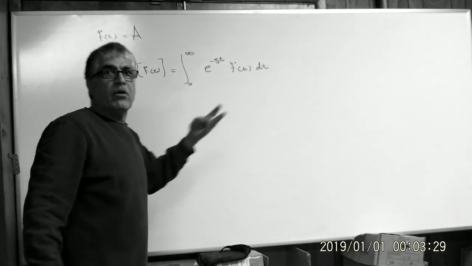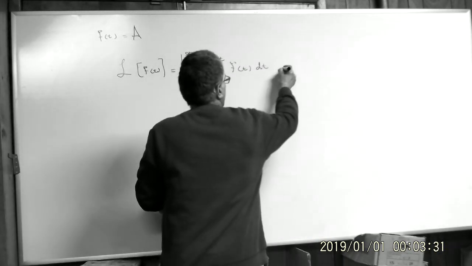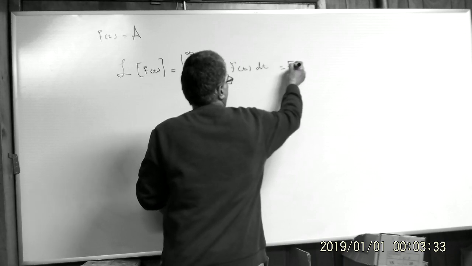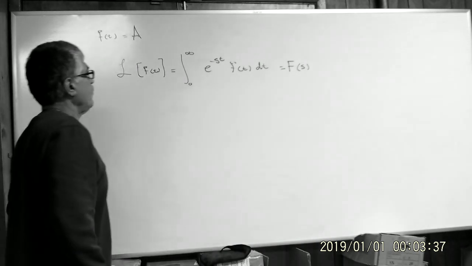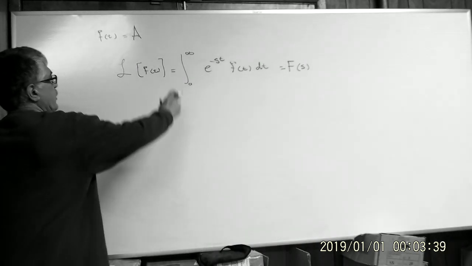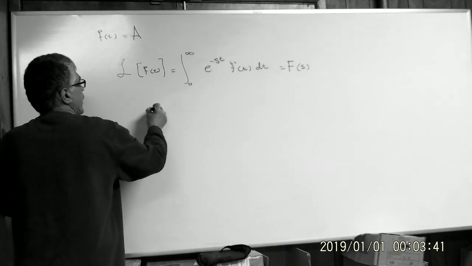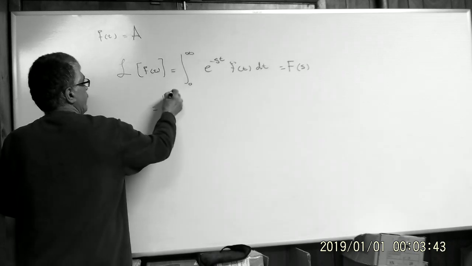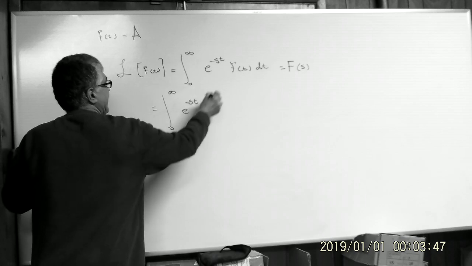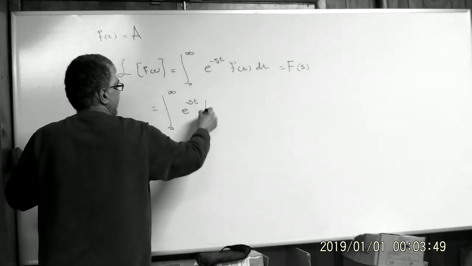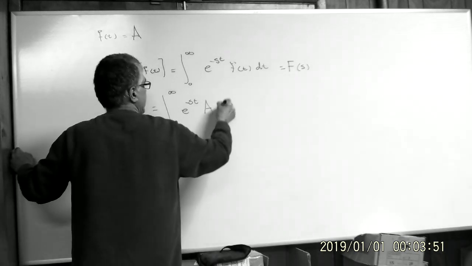And the result will be a new function which they show with the capital F and the new variable s. So this will be integration 0 to infinity of e to power minus s t, where f of t is constant, a, dt.